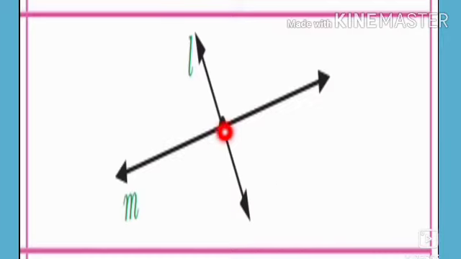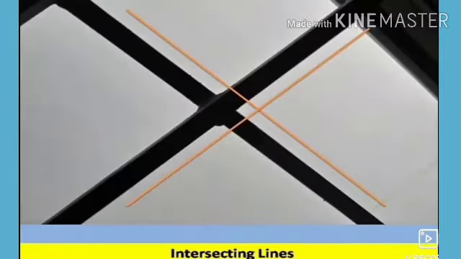And this point is known as point of intersection of the given two lines. So, listen carefully. What is meant by intersecting lines? When two lines have a common point, they are called intersecting lines, and that point is called the point of intersection of the given two lines. This is an example of intersecting lines.